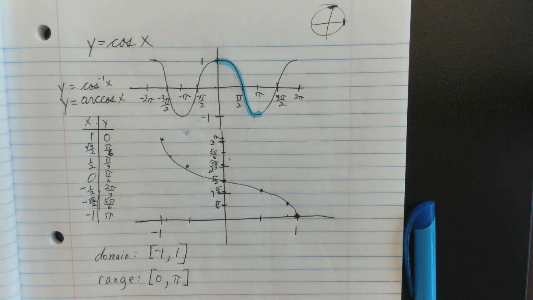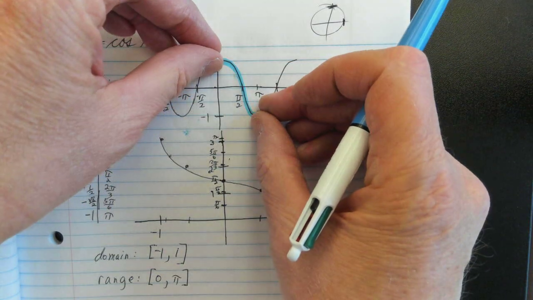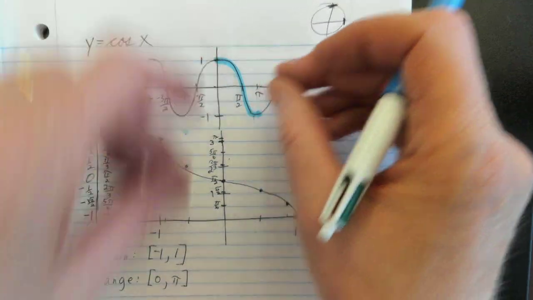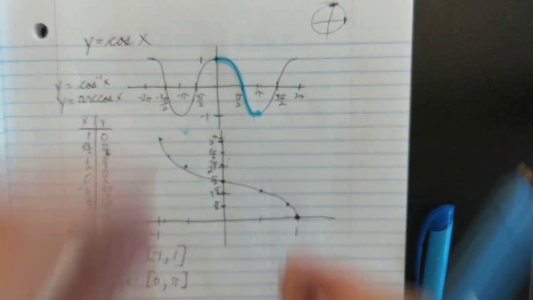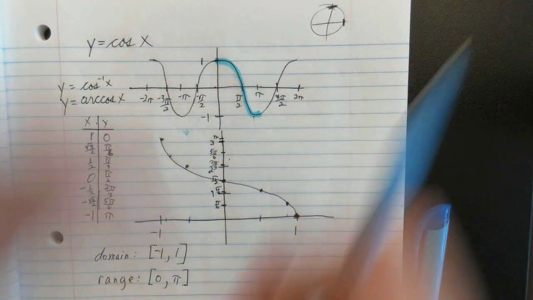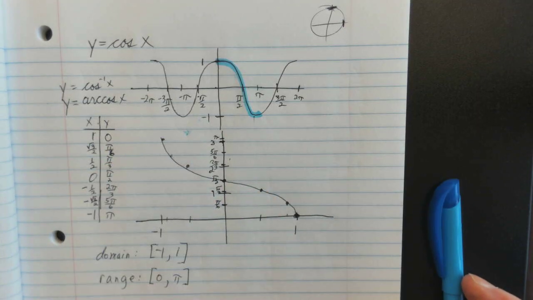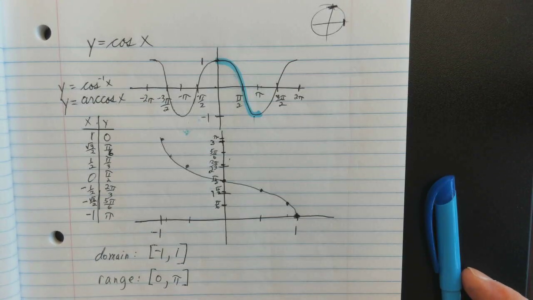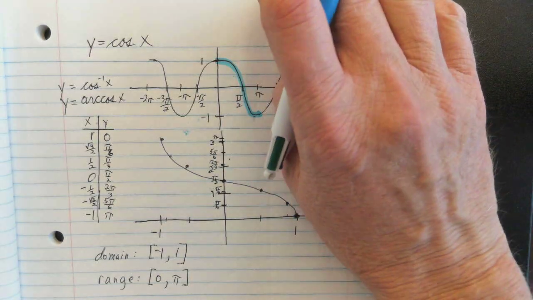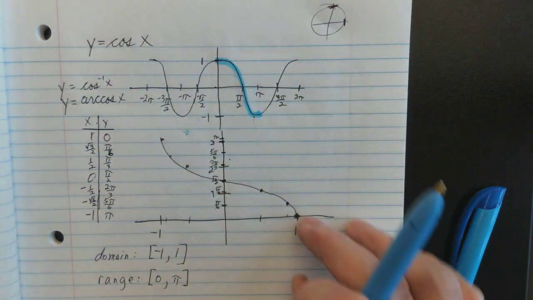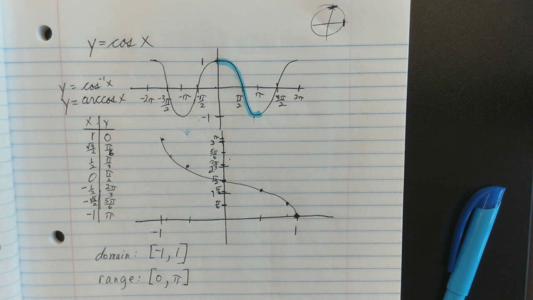I don't know if there's anything else I want to say here, but is that okay, guys? You kind of just take this, flip it around, and then flip it again, and you would have it right here. All right, so that is what the inverse cosine function looks like.